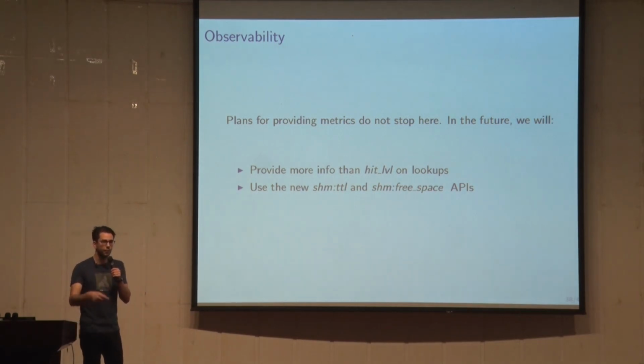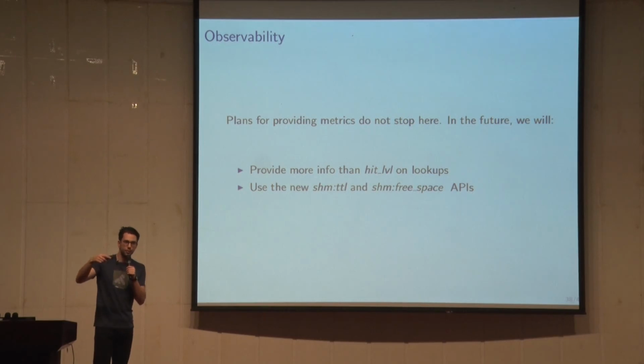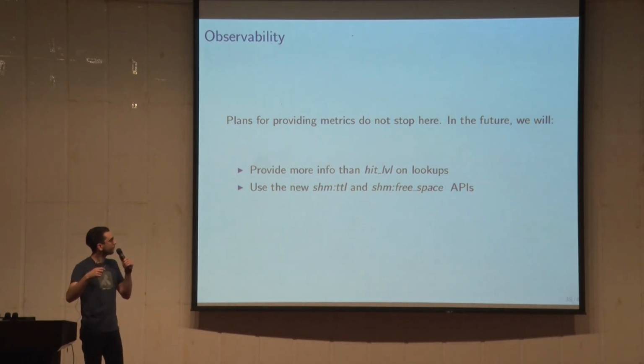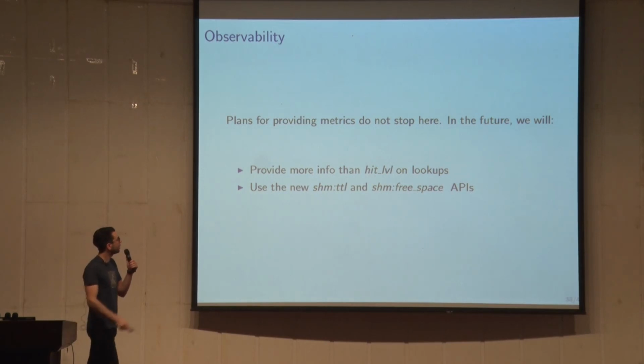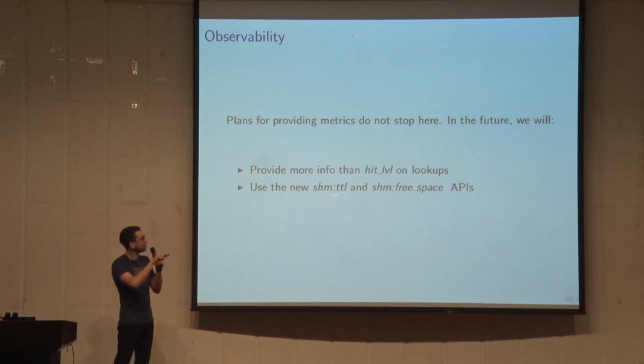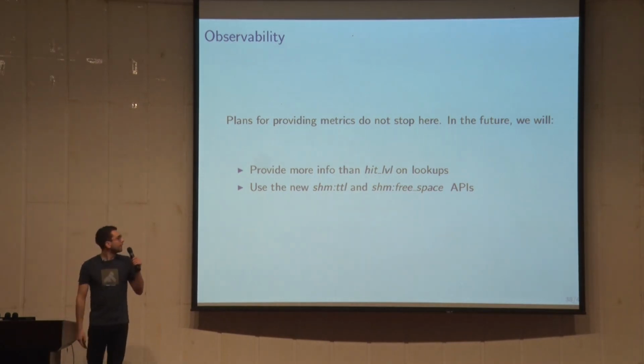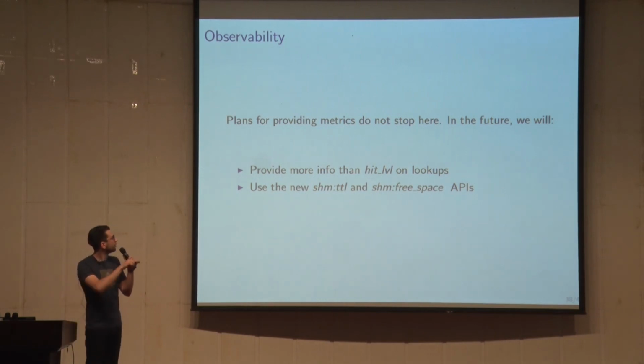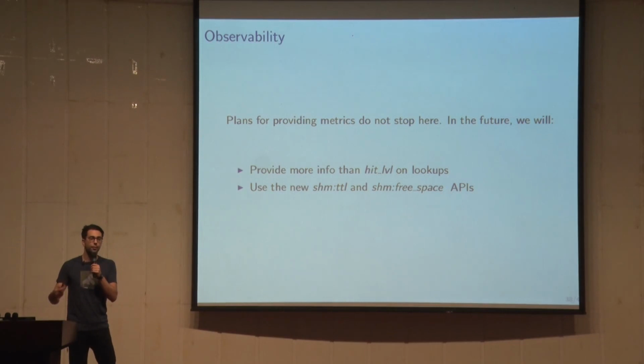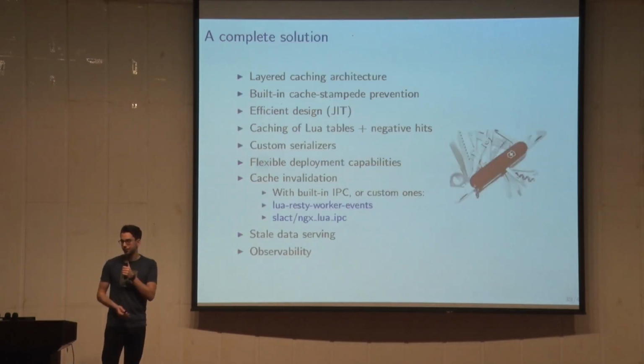Like this was a stale value that was promoted to L2, or this was stale for the second time, and it has been resurrected twice already, etc. And then we have the new SHM APIs that were introduced yesterday. The TTL and free space will be particularly useful to provide more insight for mlcache.